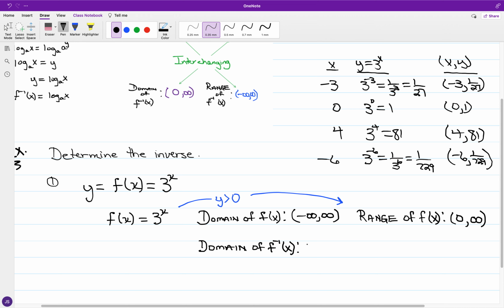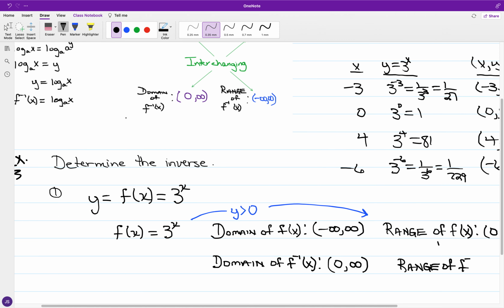For the domain of the inverse, it'll be what we had in the range for the original function. And for the range of the inverse, that is going to be the set of all real numbers.